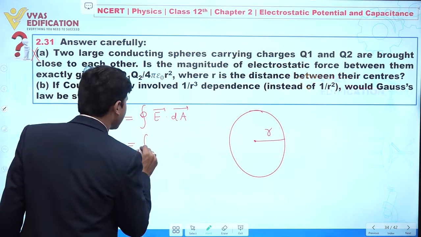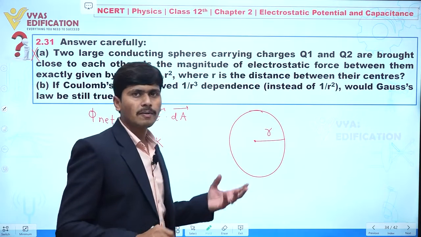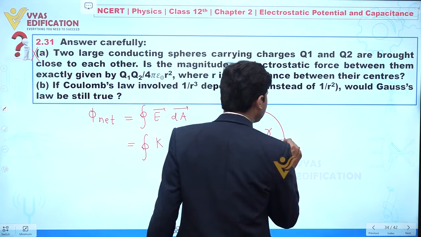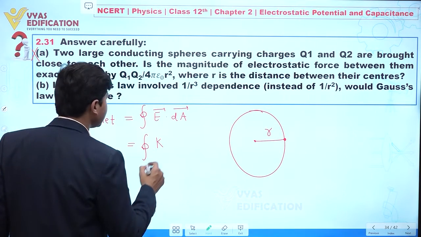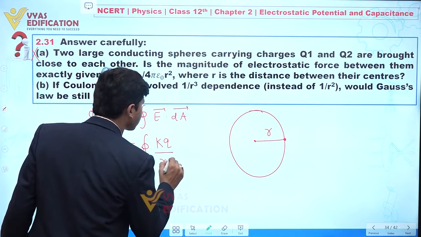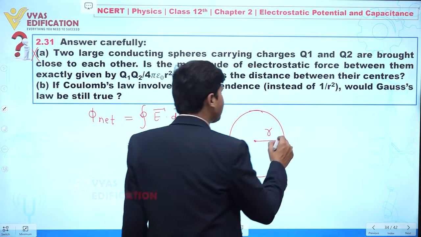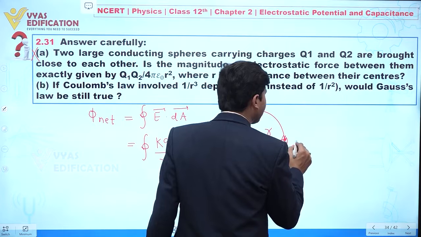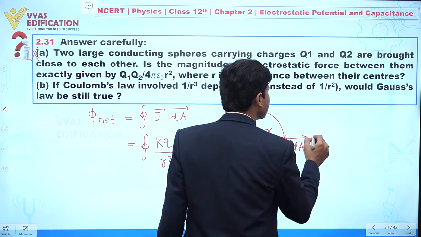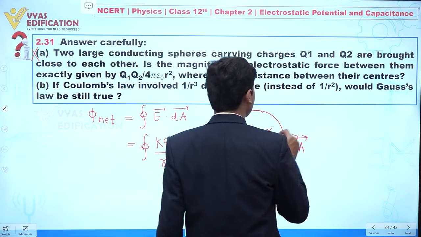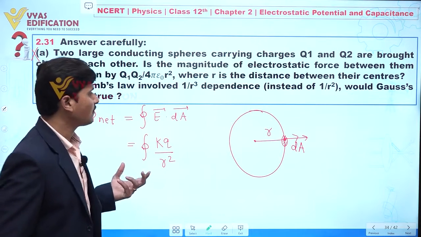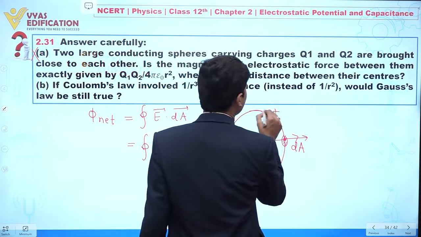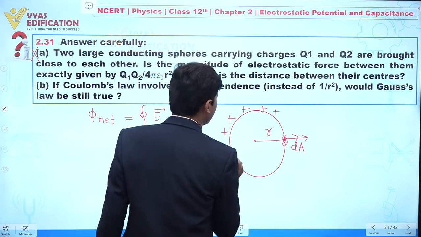So we can write like this. If we talk about the electric field at the surface of this sphere, this is equal to kq upon r square. Clear? Now let's suppose I am taking here a very small area dA, and this dA vector is also in this direction, and let's suppose the electric field direction is also in this direction if we have positive charge on this sphere. Yes or no?